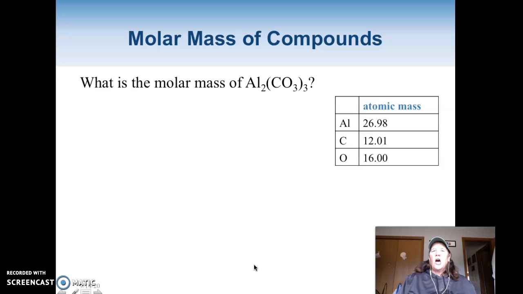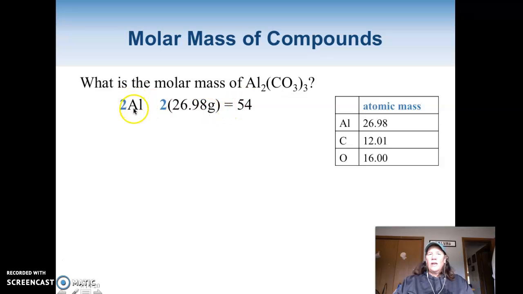What about aluminum carbonate? Whenever you have something in parentheses, you have to multiply everything inside the parentheses by that number. Aluminum would still just be 2. You don't multiply because it's not in the parentheses. This is 3 carbon and 9 oxygen. So I've got 2 aluminum, and again, I would round this to 27, so it's 54.